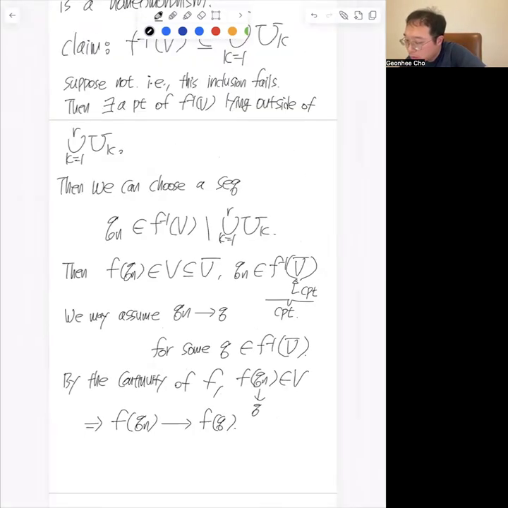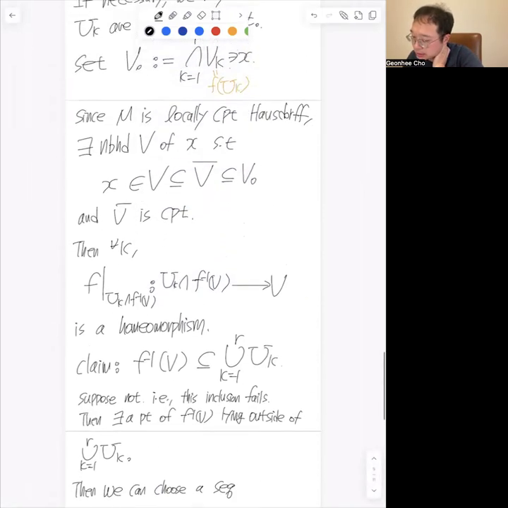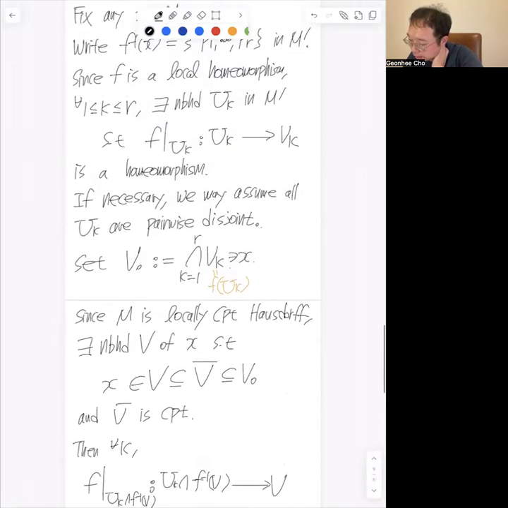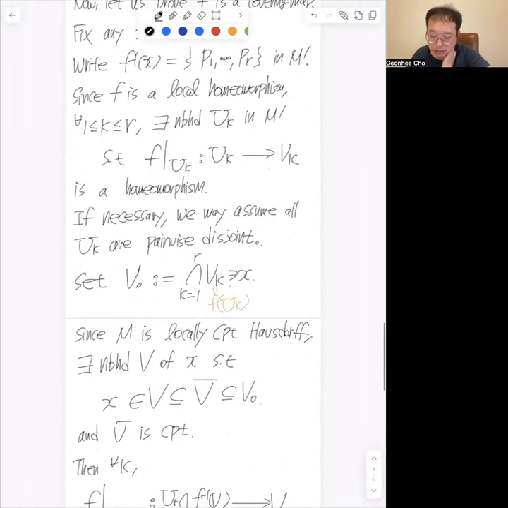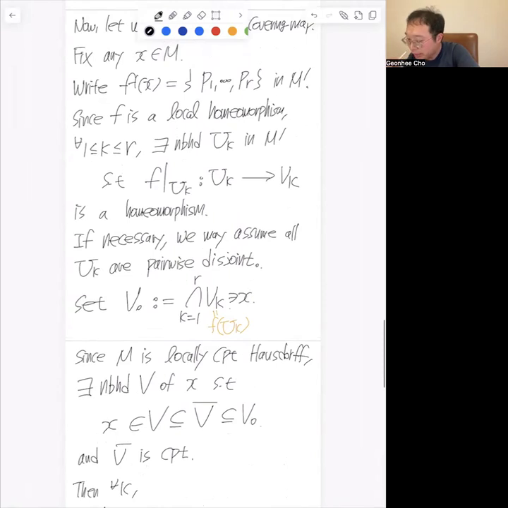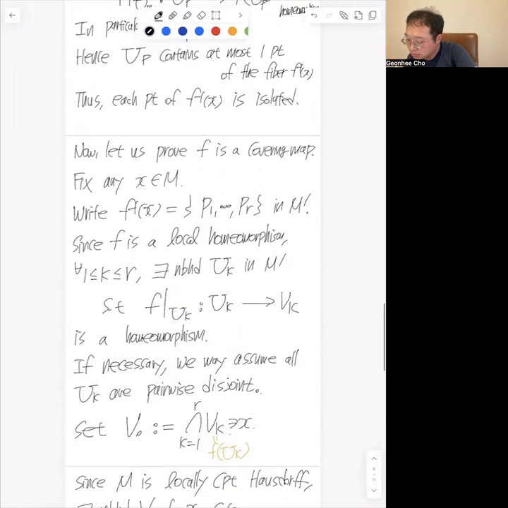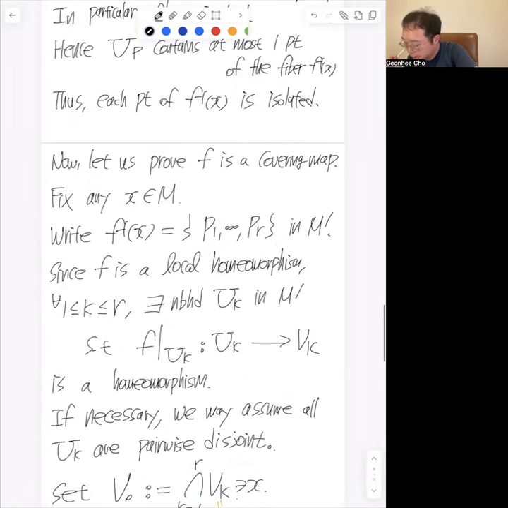However, from the consideration of this V, this V is coming from all those considerations. We are able to shrink down this V naught, because we can shrink each of the V sub k and U sub k if necessary.